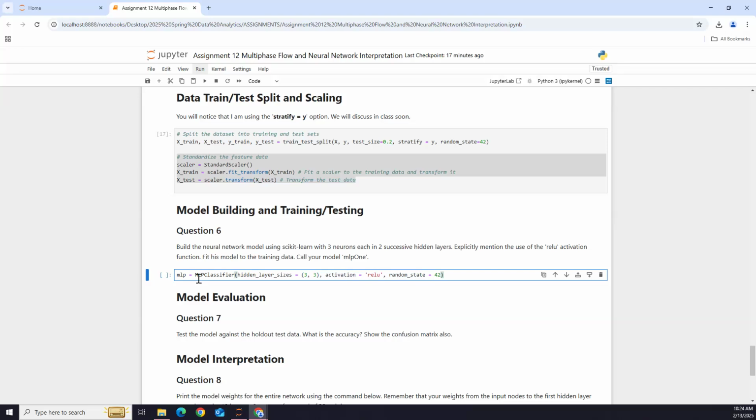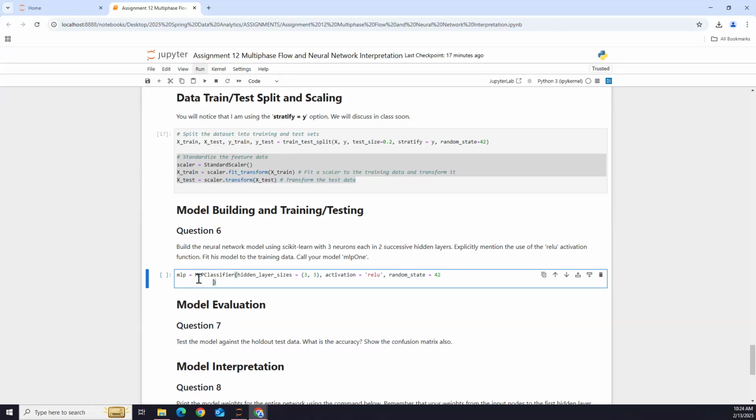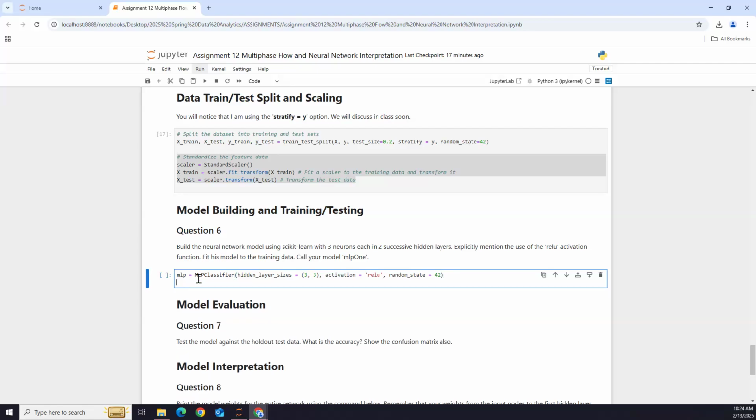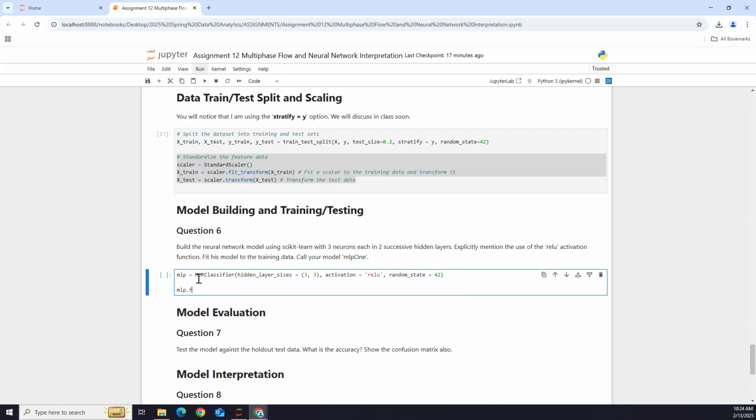Now that I've defined this model, I need to train this model, which means that I need to fit it to my training data set. And that can be accomplished with the .fit command. I fit this to my training data set, and run the cell.